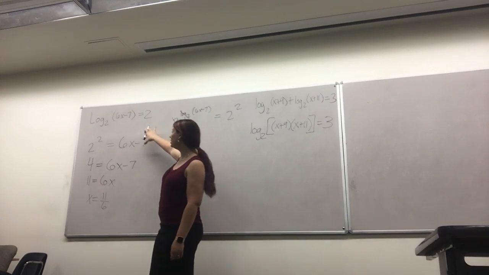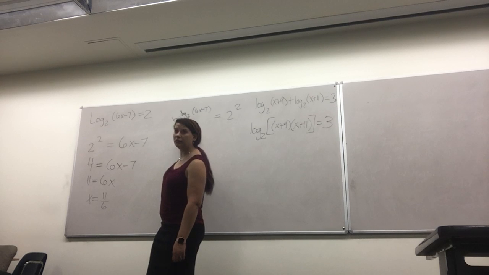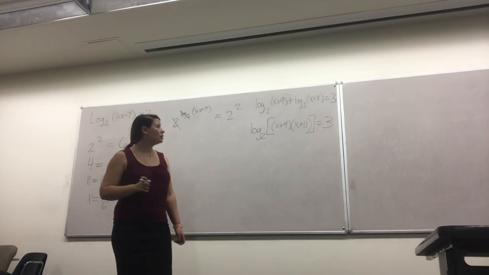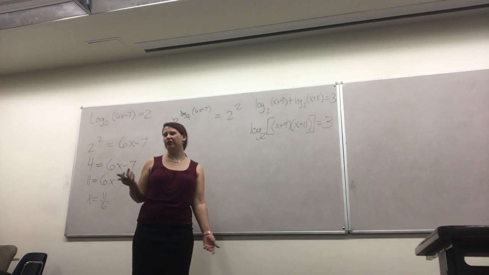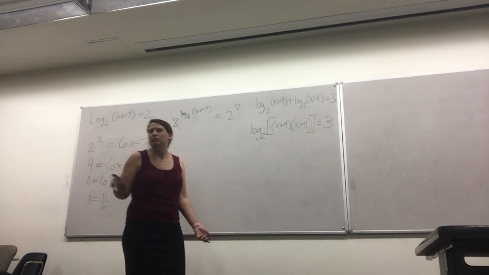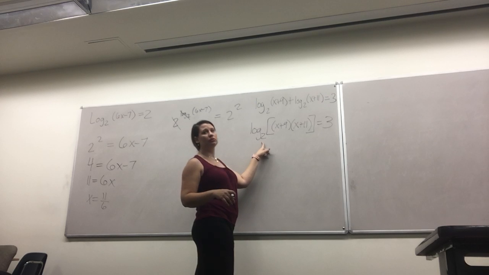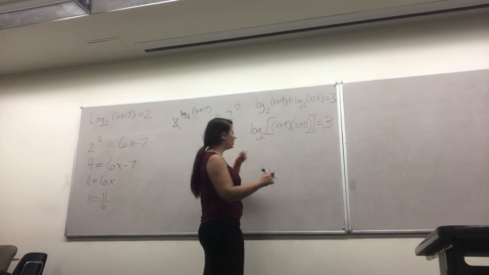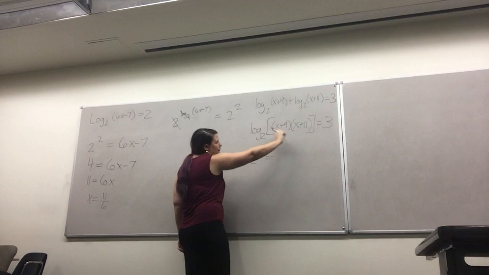Either just go straight into converting it into exponential or use the inverse method to cancel. So which method do we want to use? Just the conversion, right? It's less steps. So 2 to the power of 3 equals this stuff, right?